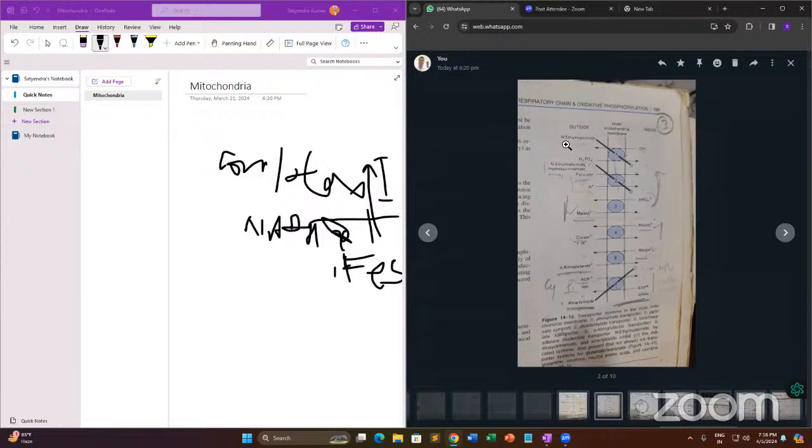And here you have the second one, the pyruvate. Last class we discussed pyruvate and proton. The pyruvate is produced in the cytosol and it enters the mitochondria for further oxidation, but it bears one negative charge, so the movement of pyruvate is coupled with the proton ions in the same direction.